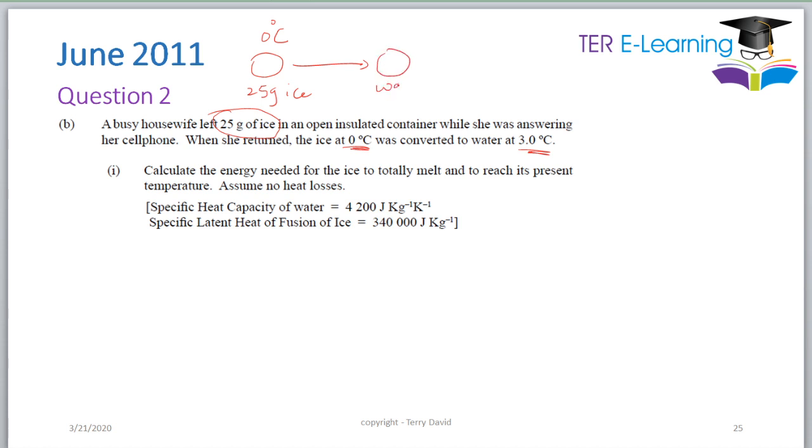So this is water at 0 degrees C, right? That's my first step. And then that water now needs to be converted into water at 3.0 degrees Celsius, right? So this is water. So assuming no heat losses, calculate the energy needed for the ice to totally melt. So I want you all to work that out for me and give me an answer.